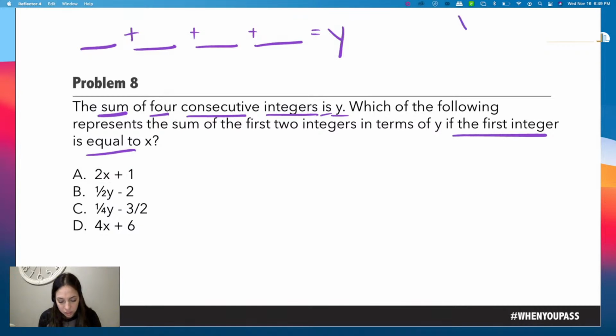Well, if the first integer is x, then that means the second integer is x plus 1. And that means the third integer is x plus 2. And that means the fourth integer is x plus 3.